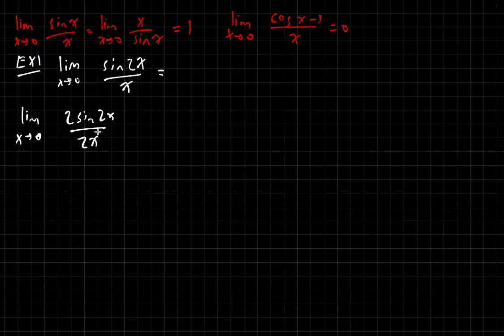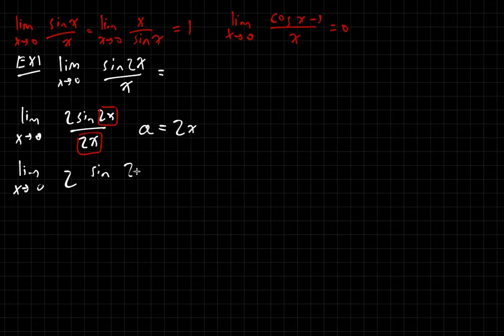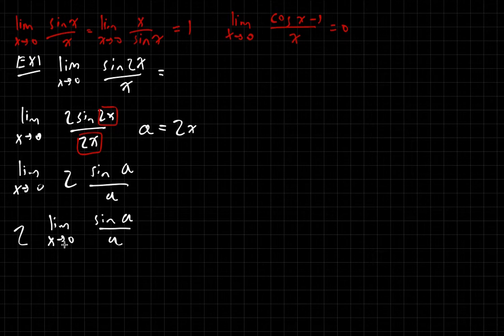The reason this is helpful is that now these two are the same. I could even say that a equals 2x. And I could rewrite this as the limit as x approaches 0 of 2 times sine of a over a. According to the properties of limits, we can just move any constant out. And here we have the formula, the limit of sine of a over a.